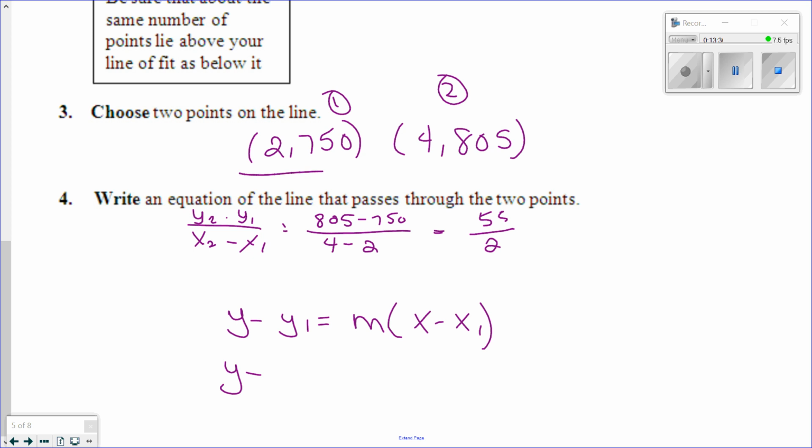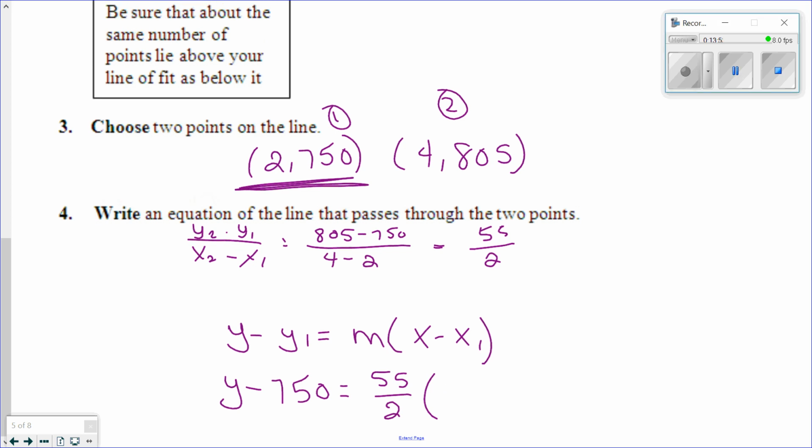So y, and again, I'm going to use point 2, 750. So y minus 750 equals my slope, 55 halves, times my x minus 2.